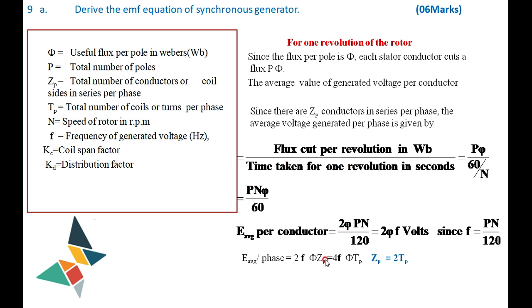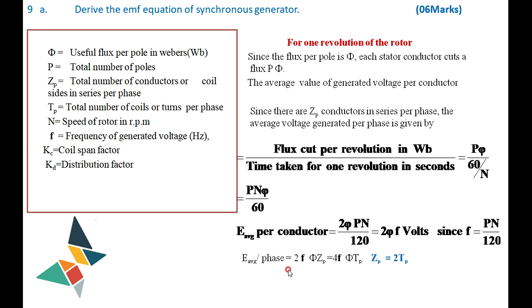Zp is replaced by Tp, since Zp is equal to 2 times Tp. Therefore, the equation is 4 F phi Tp, the total induced voltage.